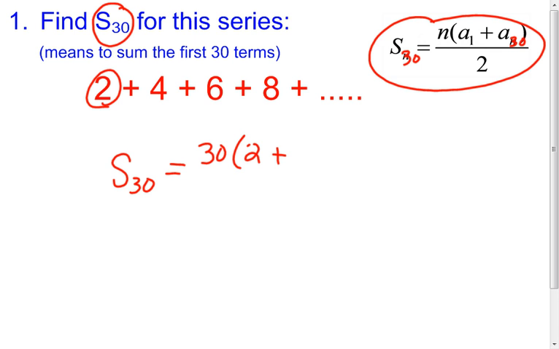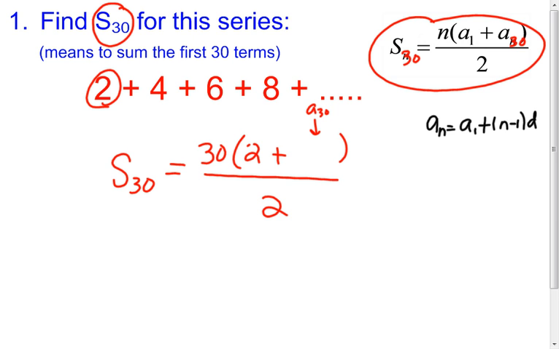Okay, so I'm going to come back to that in a minute. And of course, I will divide by 2. So again, what has to go right here is A30. The problem is I don't know it. So now you need to go back to your other formulas, and I am going to use this formula right here. You know that A_N is A1 plus n minus 1 times d. I'm needing to find the 30th term.